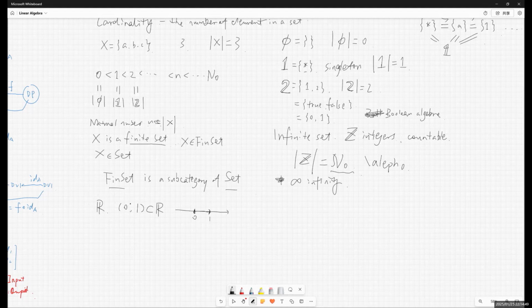The cardinality of it is much bigger than the cardinality of the integers. So we have Aleph 1 and Aleph 2, 3, 4. So they are infinite.